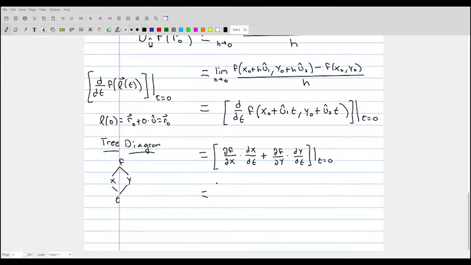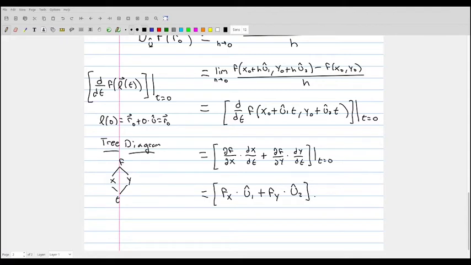So this is just going to be fx, the x partial derivative of the function f, times dx/dt on the line, which is just u1 hat. df/dy is going to be fy, the y partial derivative of f, times dy/dt, which is u2 hat.